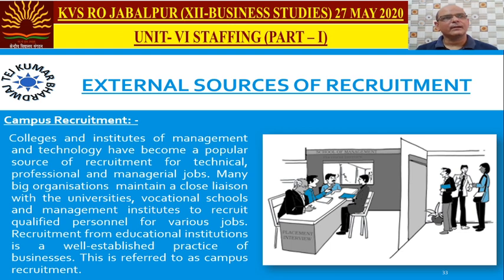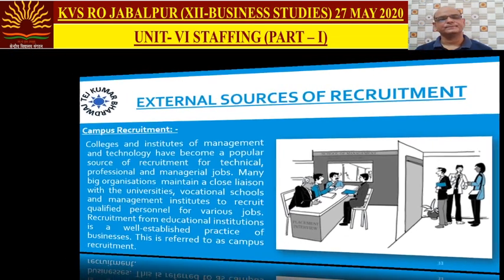Sometimes they put some kind of restriction. For example, a bond is there that after being recruited you cannot leave our organization for 5 years or 7 years, so to retain the employees, and in return they reimburse the entire educational expenses of the candidate on this behalf.